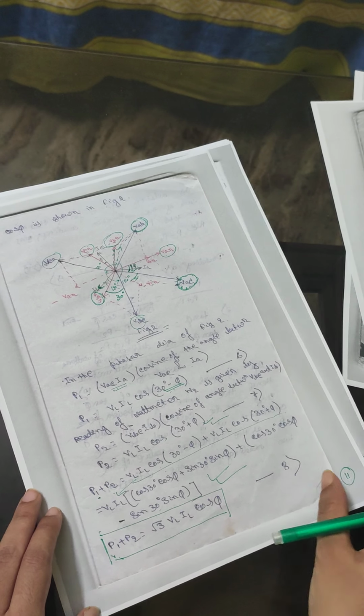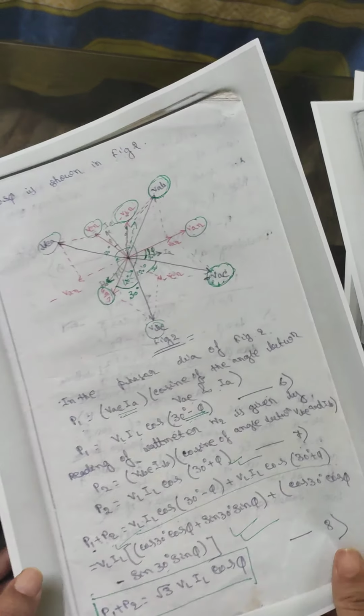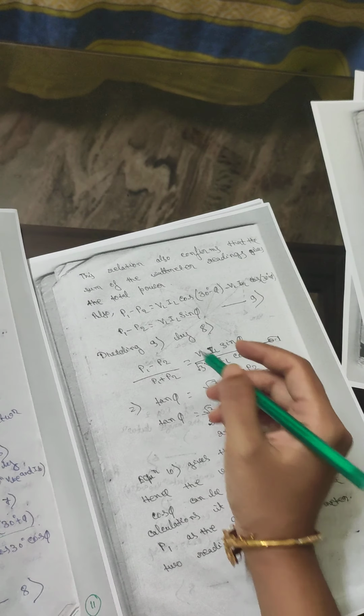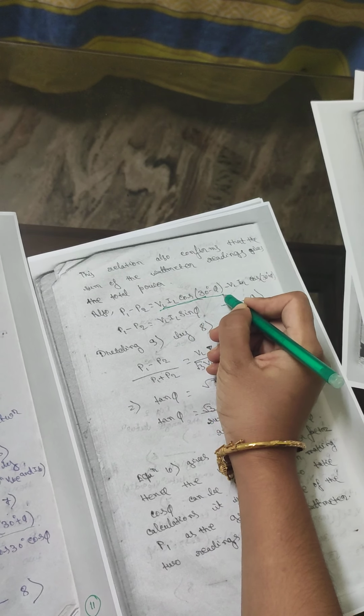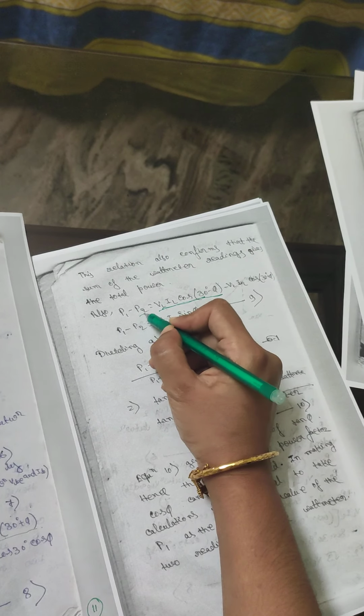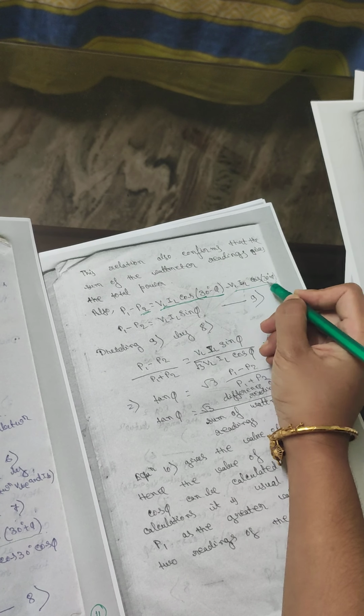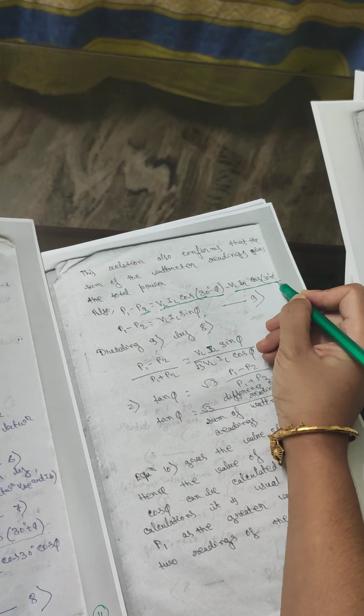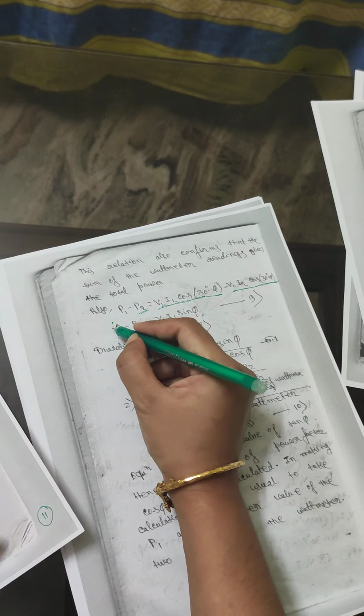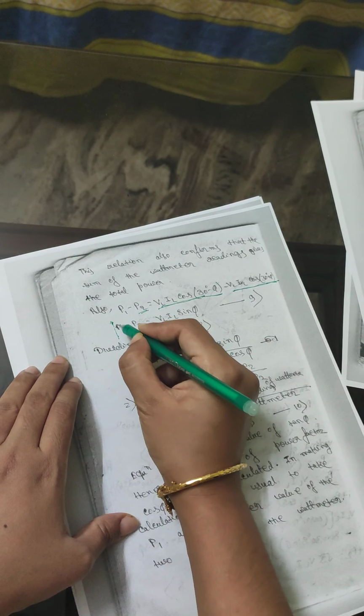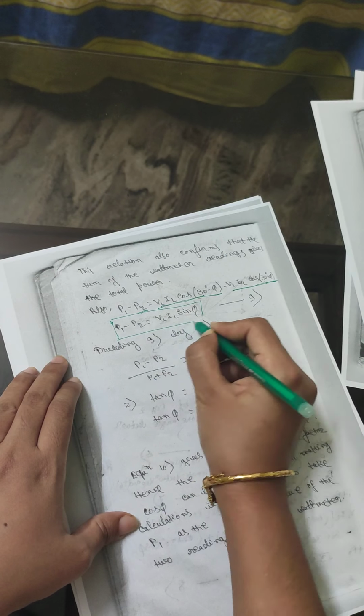Same thing, after that we will find P1 minus P2. P1 value is same, VLIL cos 30 minus phi. P2 value is same, VLIL cos 30 plus phi. So ultimately we got P1 minus P2 equals VLIL sin phi.